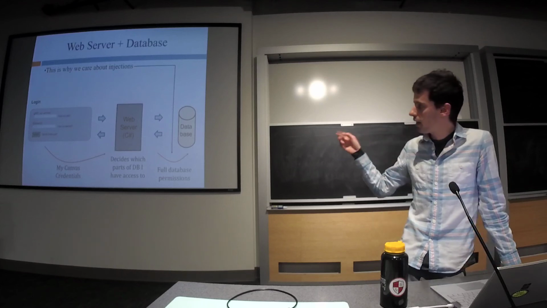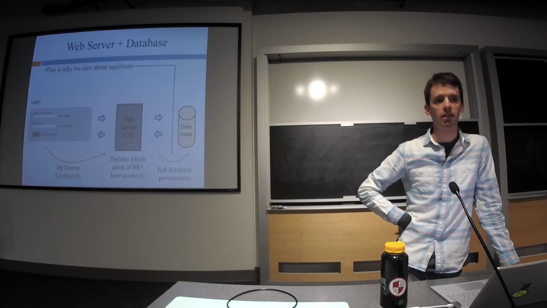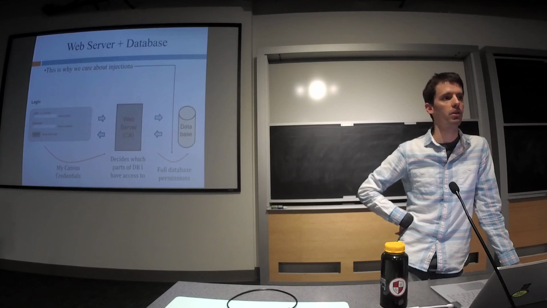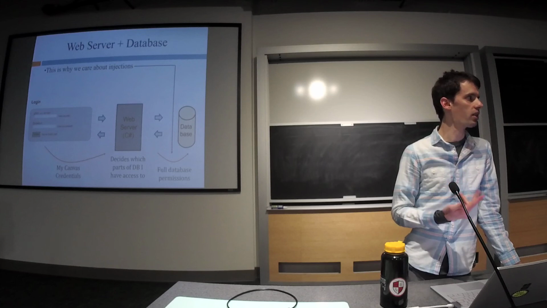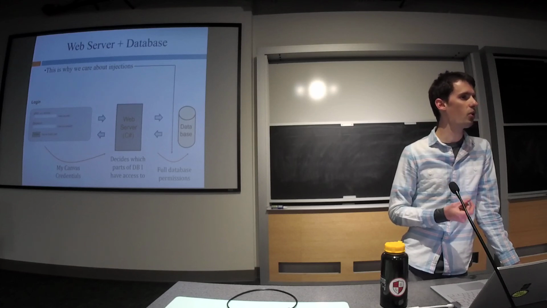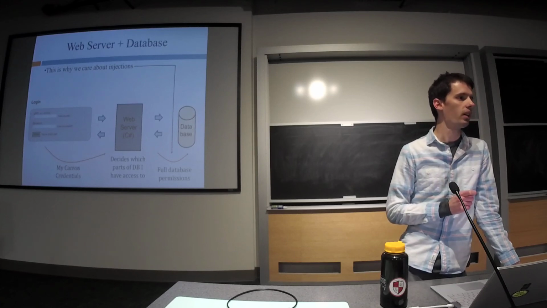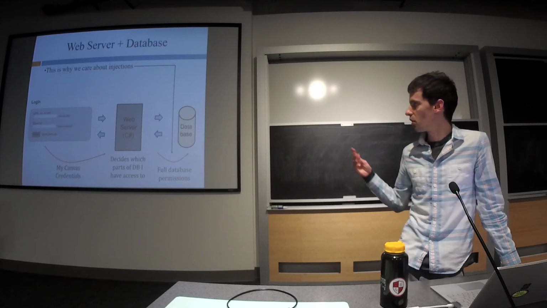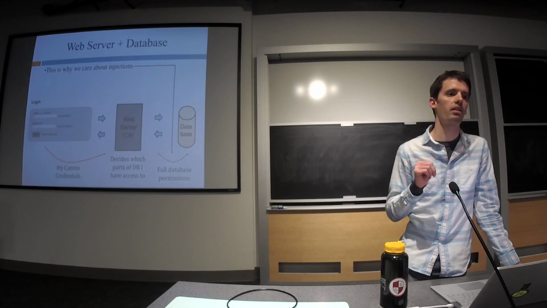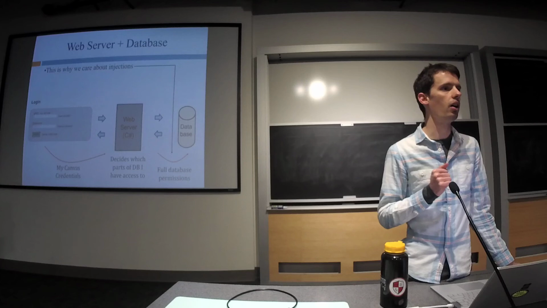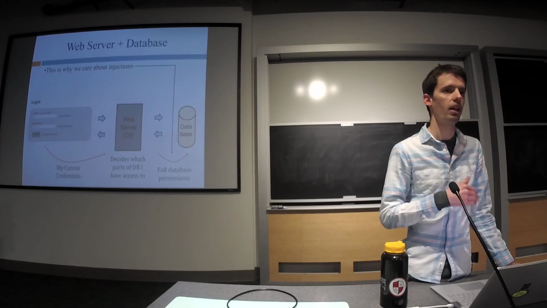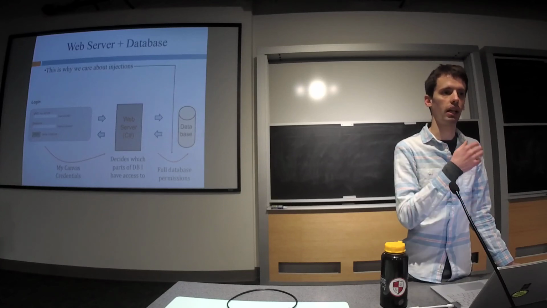That database is saving enough information to tell whether I have successfully logged in, which means it knows something about my password. If the wrong person were to gain access to that database, there's a table in there somewhere called users or passwords, and they could do select star from passwords and get a whole bunch of information.